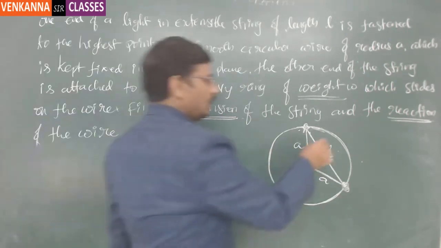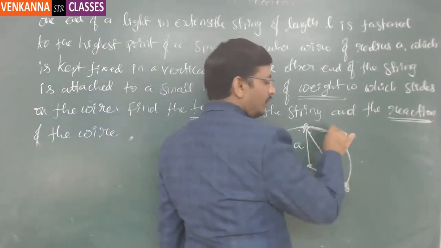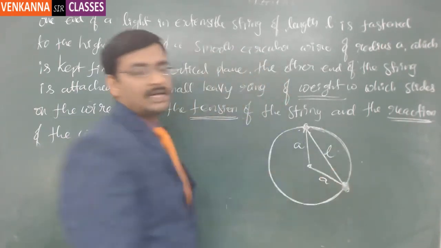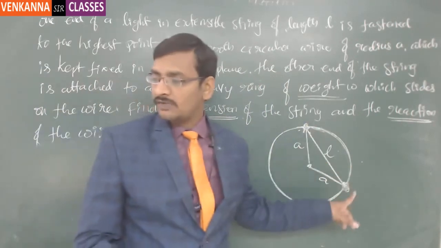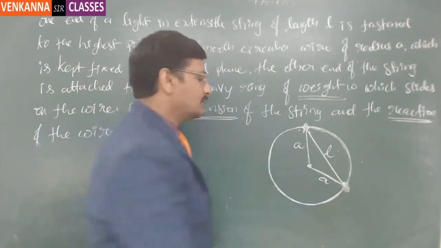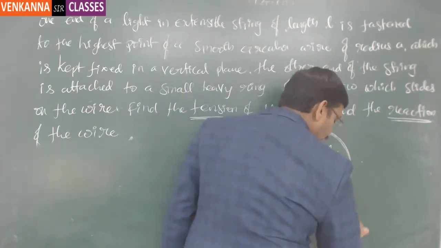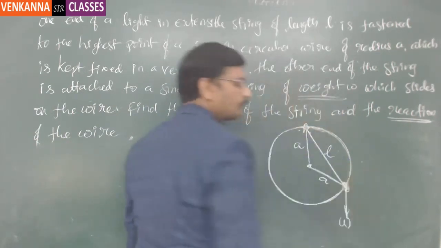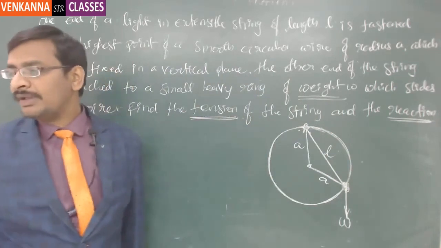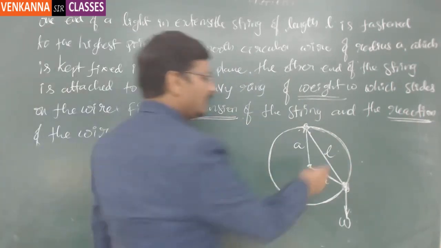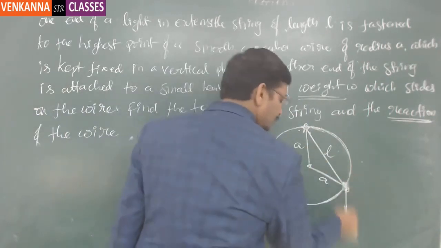So if you keep this particular heavy ring here, automatically it will come down like this and actually it will be present at this particular point because of the weight of this ring. Now this ring is having a weight of W. Weight always acts downwards towards the ground. So irrespective of the position, the weight direction is always towards the ground. Right? So this length is L, the radius is A, and the weight is W.